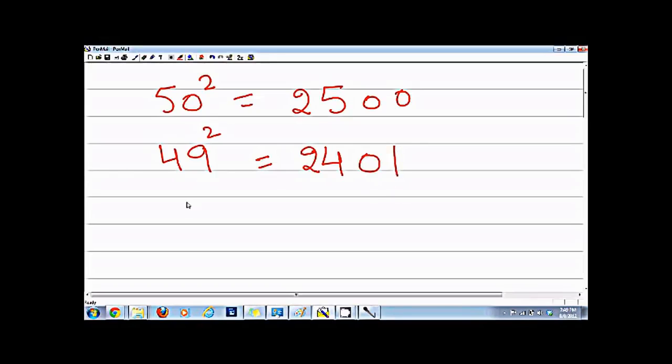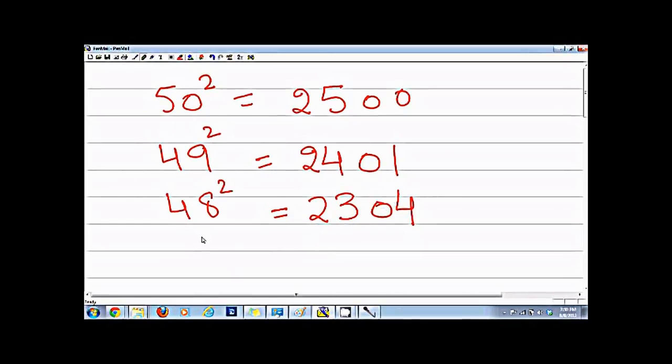Again, if I have 48, I will subtract 2 from 25, that is 23, and then take square of 2, which is 4. So answer is 2304.